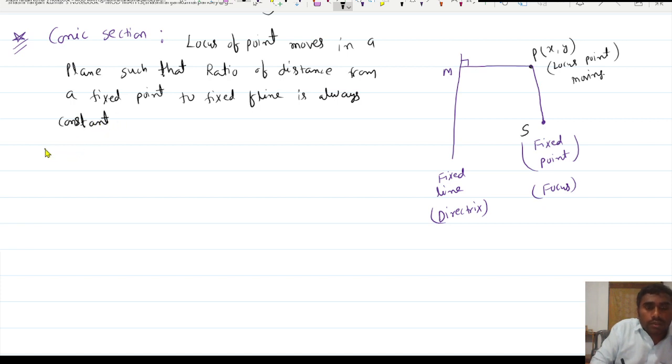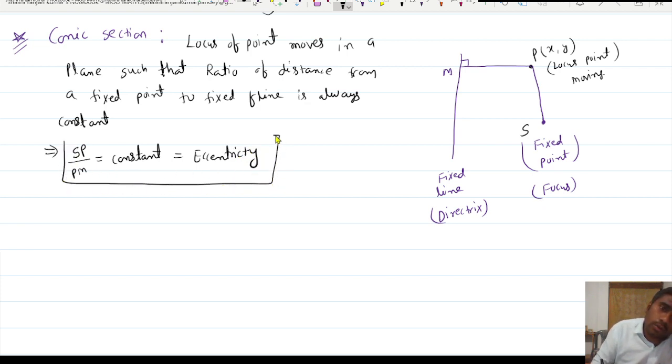That is, SP upon PM is always constant, and this constant is nothing but the eccentricity of the conic section.